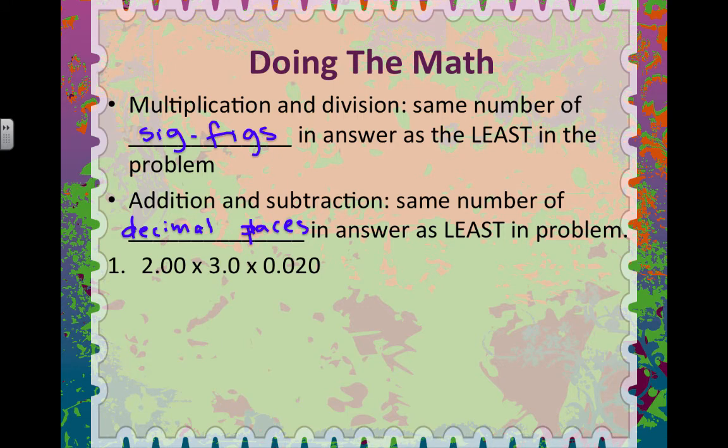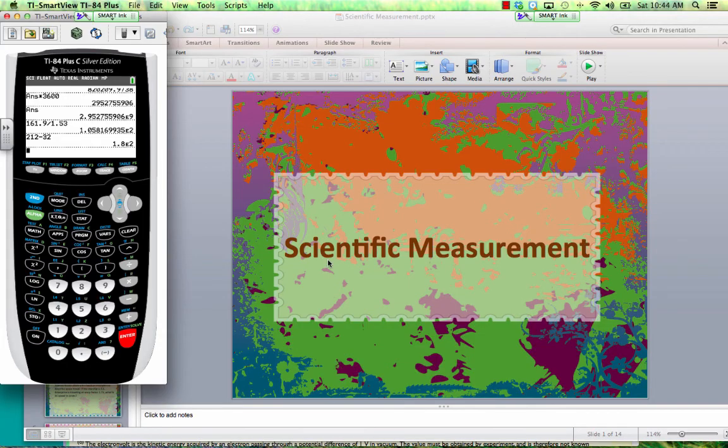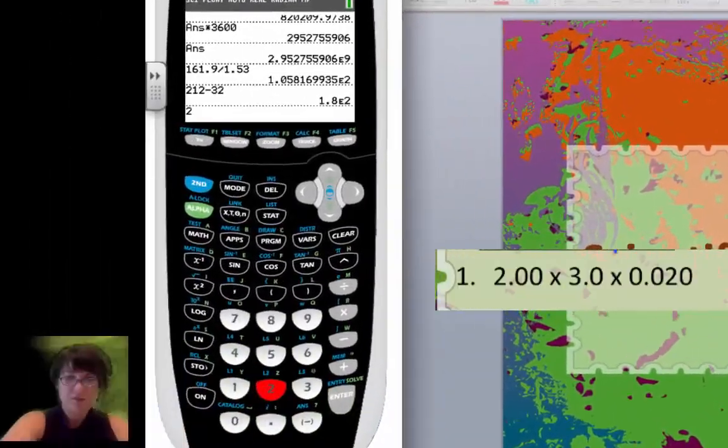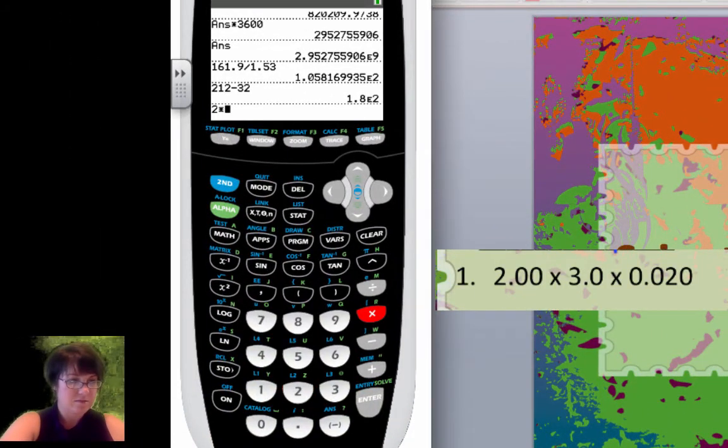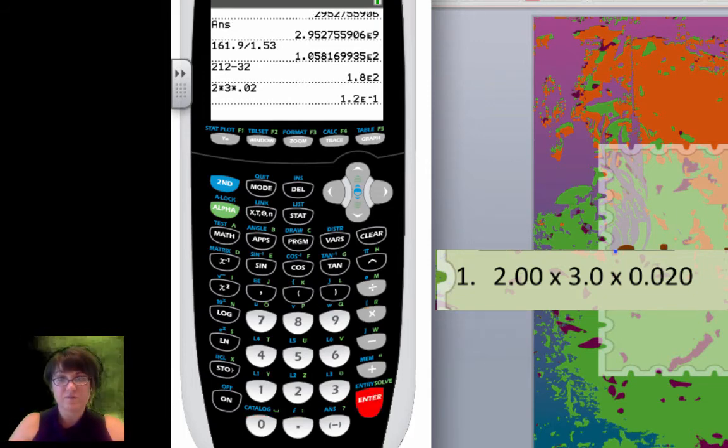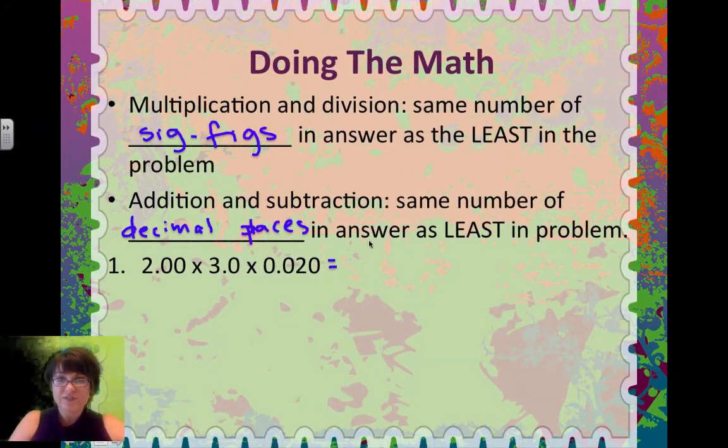So if we did this multiplication, do the math, 2 times 3 times 0.02, and I'm in scientific notation mode. I have 0.120 as my answer. How many sig figs do I keep?